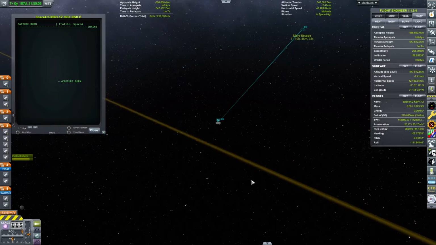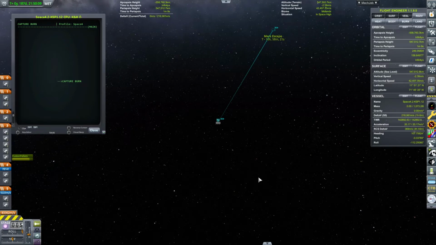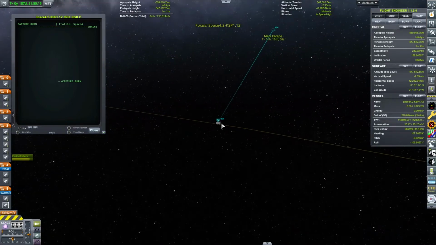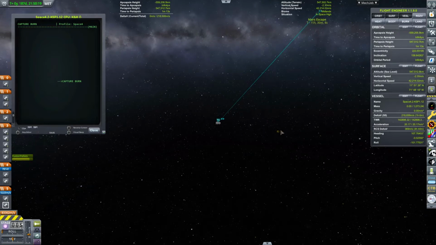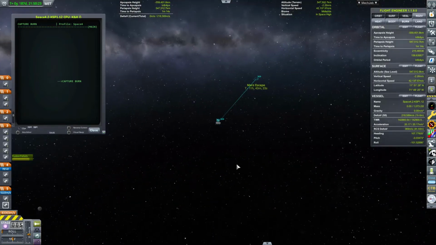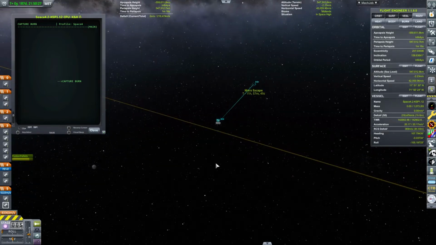Okay, and we are doing the burn. What we want to do now is decrease the velocity vector in this direction in order to allow us to have a Mars capture orbit. So let's wait for the burn.